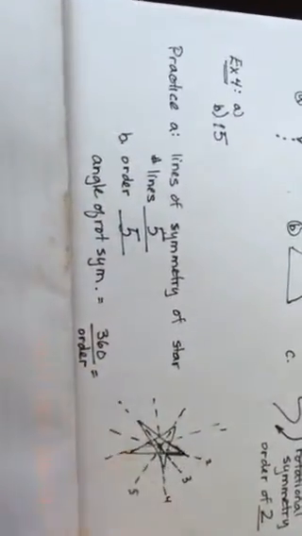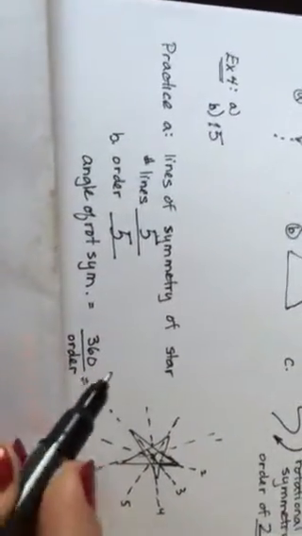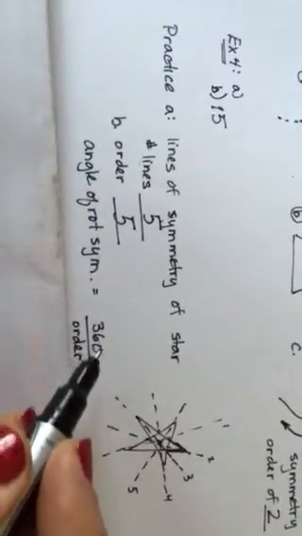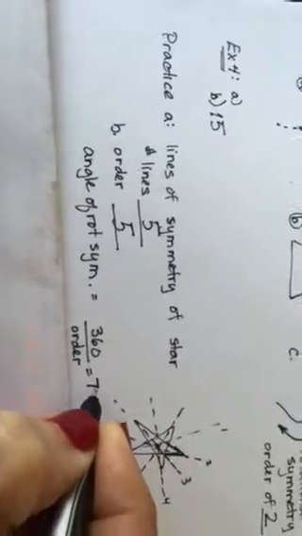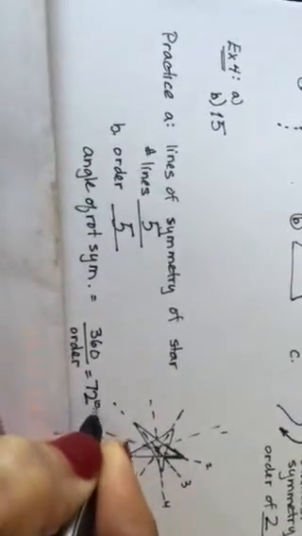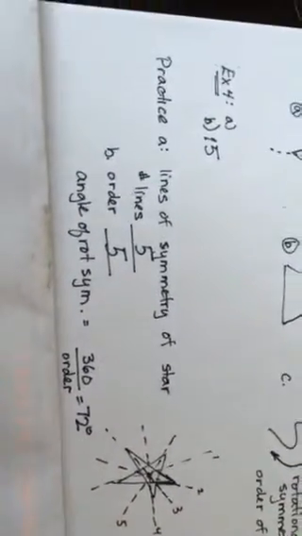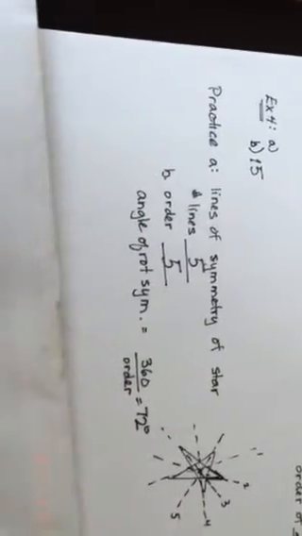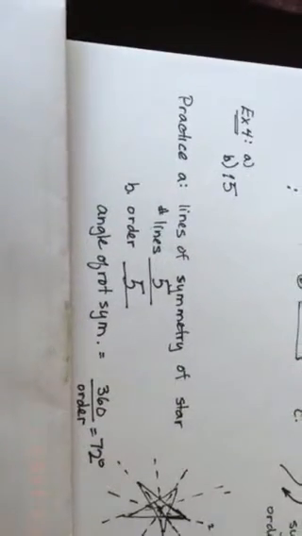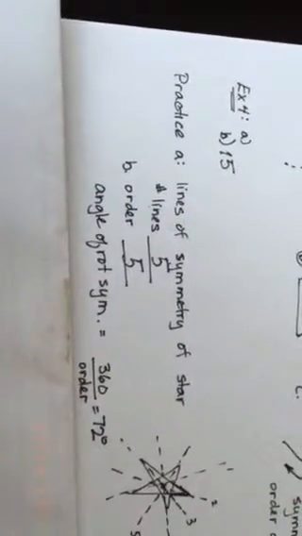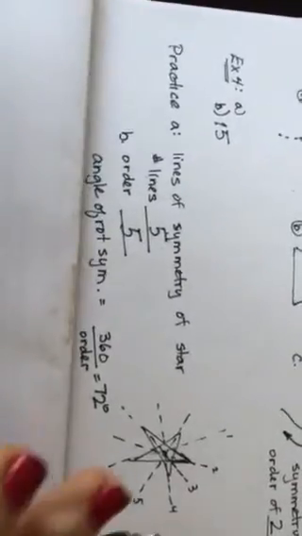Well, the angle of rotation of symmetry, which is the second part of B, will be 360 divided by that order. And that just might be 72 degrees, if my math is correct. Well, that takes us through the practice problems on page 502 of A and B. Have fun with C and D, and enjoy this simple concept of symmetry.